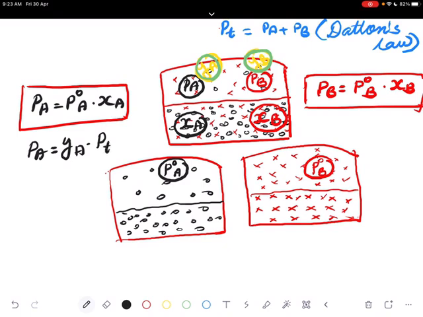Yesterday also we saw Pa is equal to YA P total. That is, partial pressure, the individual pressure, is equal to the mole fraction of that component in the vapor phase into the total pressure. Similarly, PB is equal to YB P total.